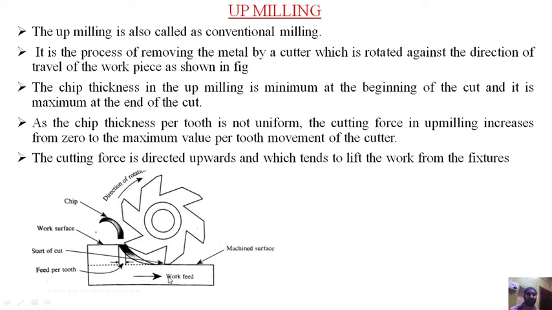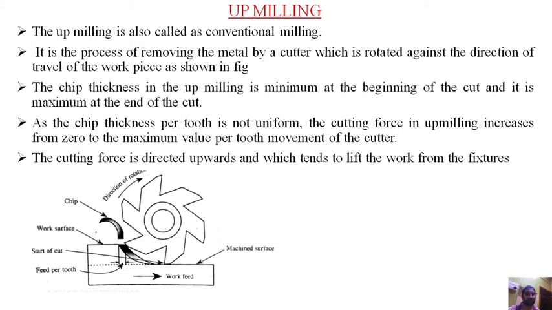Then it is called up milling. You have to remember, when the cutter is rotated against the direction of the movement of the workpiece, then it is called up milling. The process of removing the metal by a cutter which is rotated against the direction of the travel of the workpiece is known as up milling.